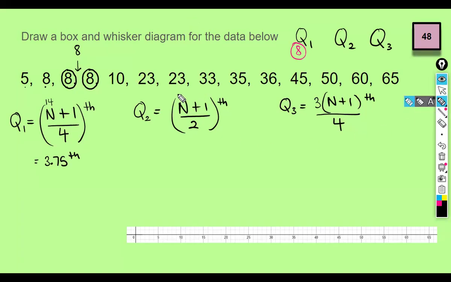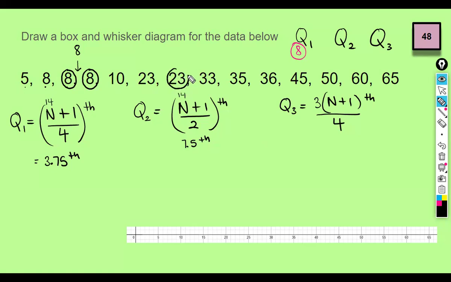So for Q2, you're replacing here with 14 again. 14 plus 1 is 15. 15 divided by 2 is 7.5. So Q2 is in the 7.5th position. It's in between the 7th and 8th position. 1, 2, 3, 4, 5, 6, 7.